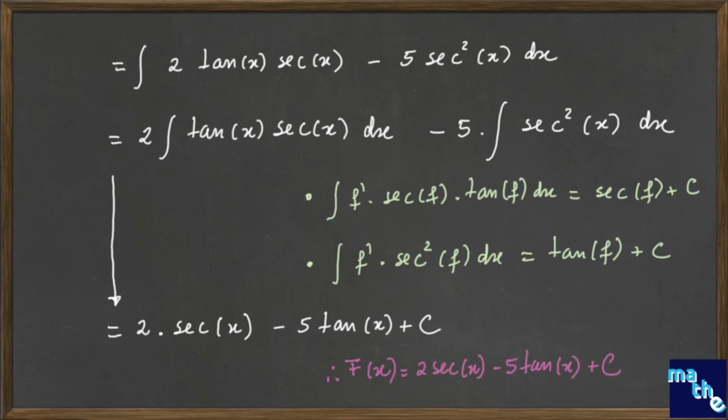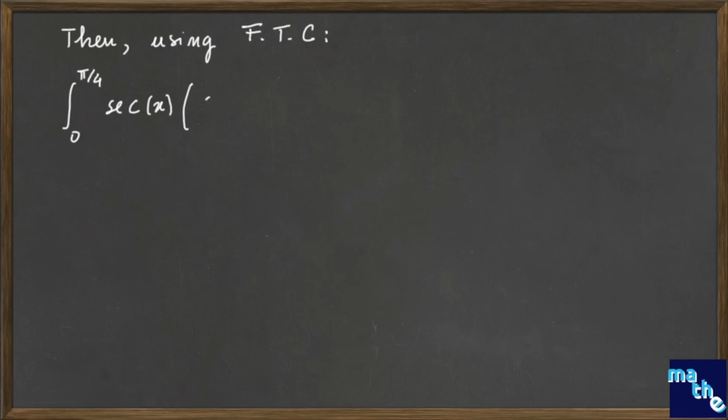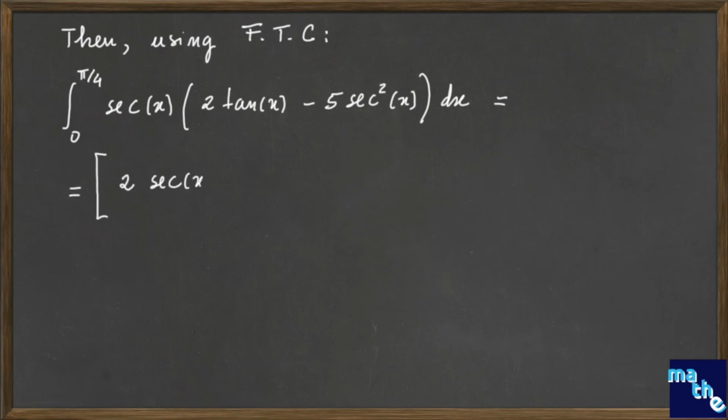Then, since we know already the integral of function f, we can apply now the fundamental theorem of calculus. Then, the definite integral between 0 and pi by 4 of the function f will be equal to the integral that we already obtained, evaluated on 0 and on pi by 4.